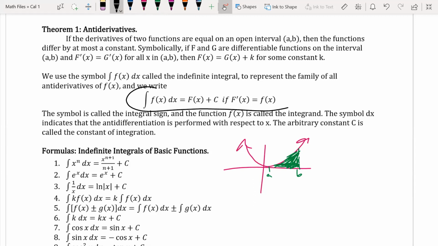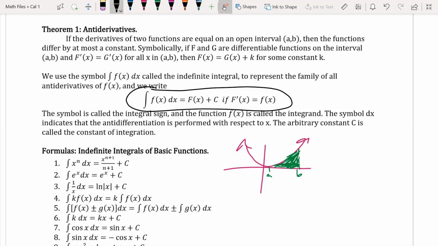So with that being said, when we find the antiderivative, we use something called integral notation. So this says the integral of f of x dx will equal capital F of x plus some constant c. And this is true if and only if you take the derivative and get back to the original problem.